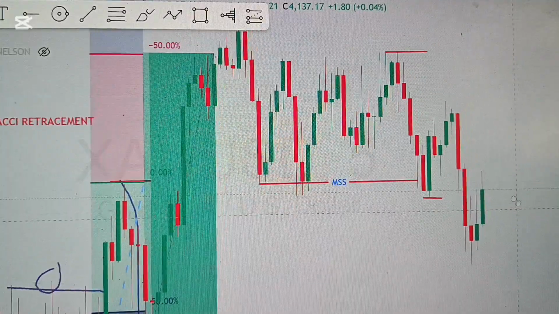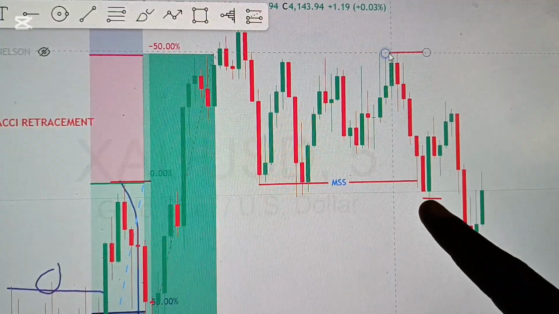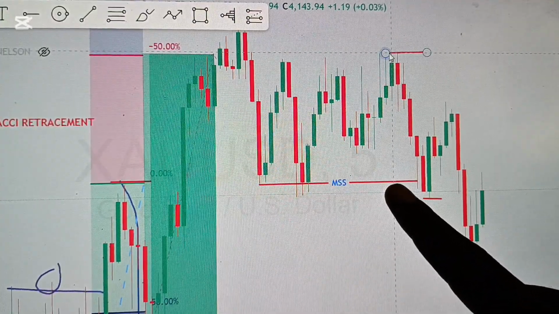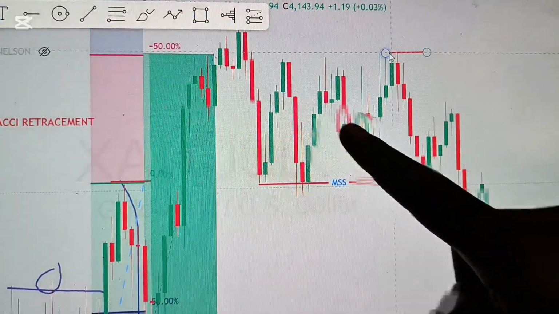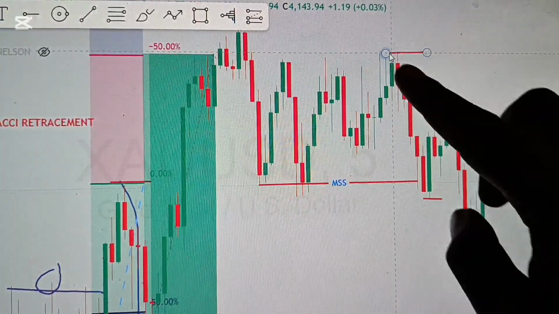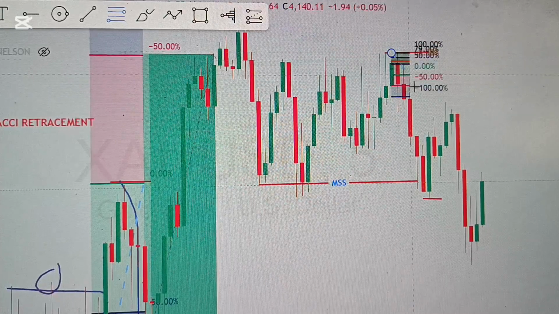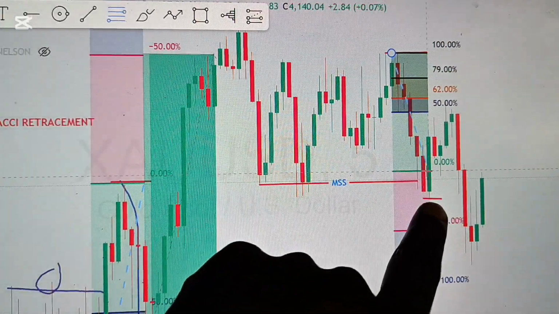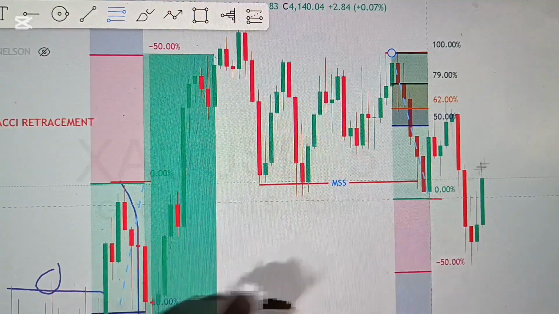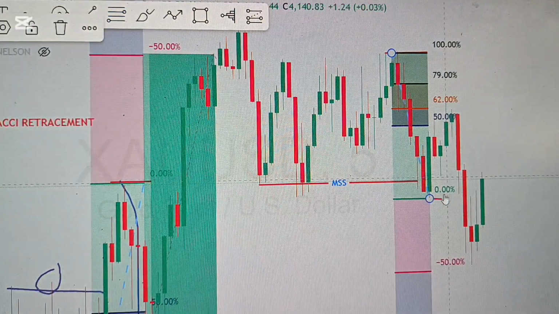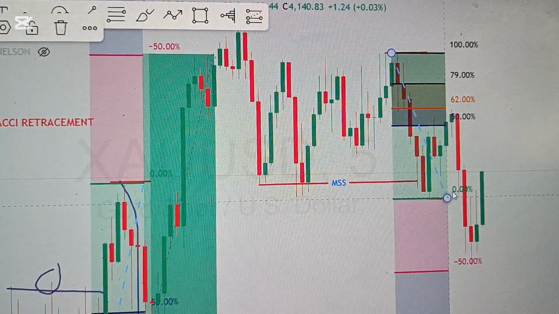So when this happens, this is where the price was, and the price came up to this point, and we realized that the price has changed character, or what we call the market structure shift, shifting from uptrend to downtrend. At this point, this is where we put our 100% mark, and this point is where we put our 0% mark. Remember that we are supposed to wait for the price to come back to at least the 50% mark.